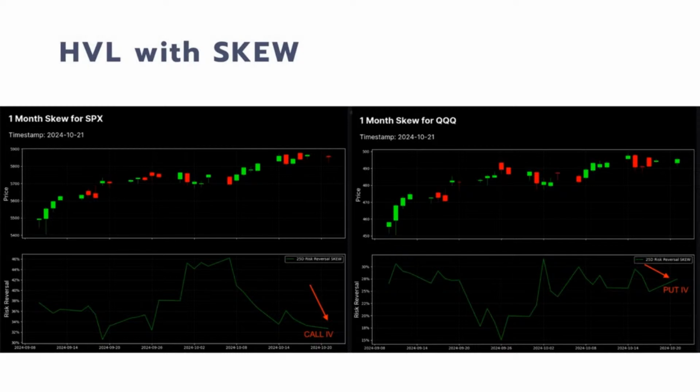We see that the SPX skew on the left is exhibiting a bullish sentiment, where the 25 delta call implied volatility is higher than the 25 delta put implied volatility. You see that on the bottom chart. On the other hand, if we look at QQQ, we see the opposite, where the put skew is higher. So the implied volatility of puts is much higher than the implied volatility of out of the money calls, which is a 25 delta.